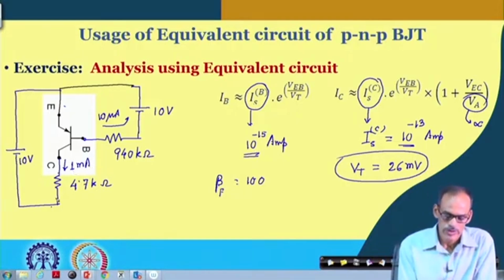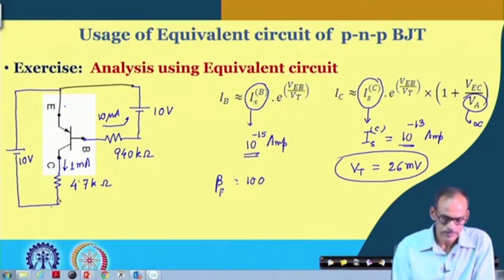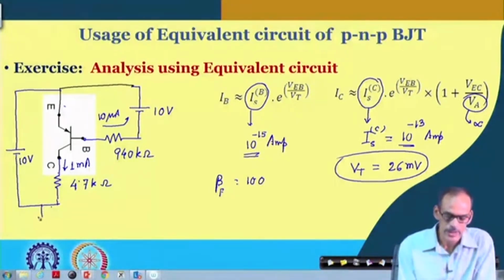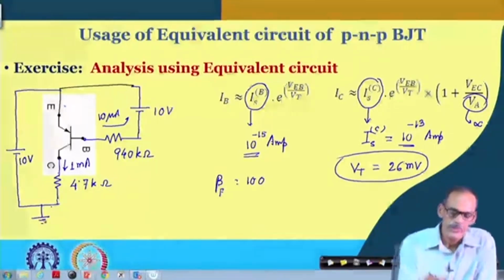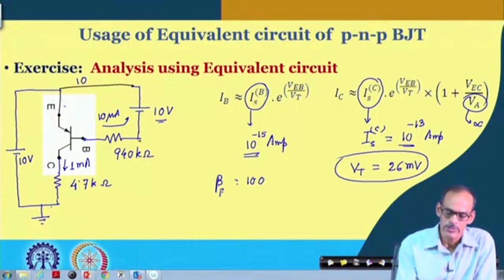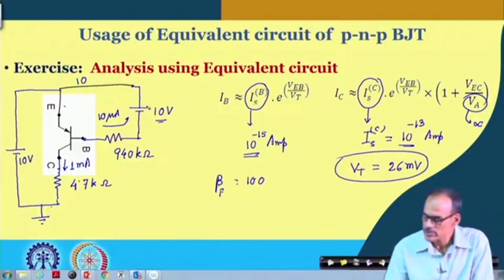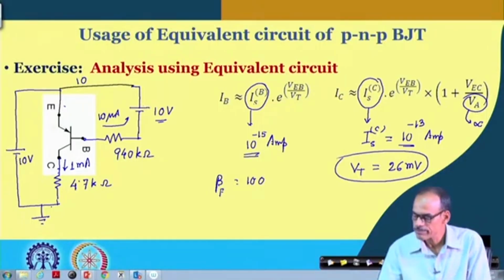So the drop across this one is 4.7. If I say this is ground, this is 10 volt. With respect to 10 volt, we have another 10 volt here. Of course, this is also going to be ground. In fact, since we have the same voltage, you need not use this voltage.